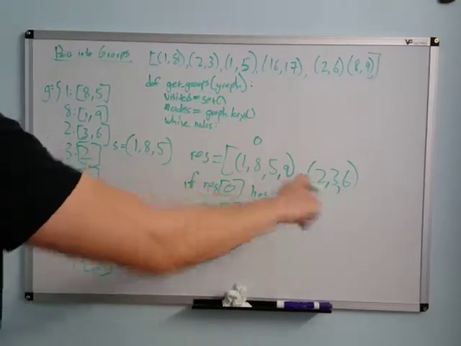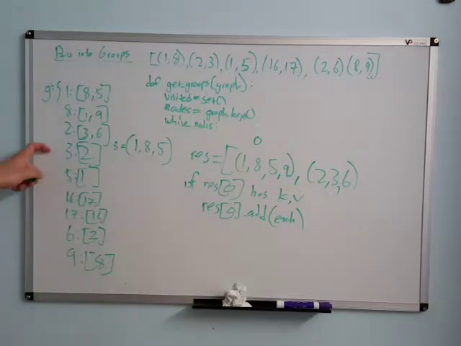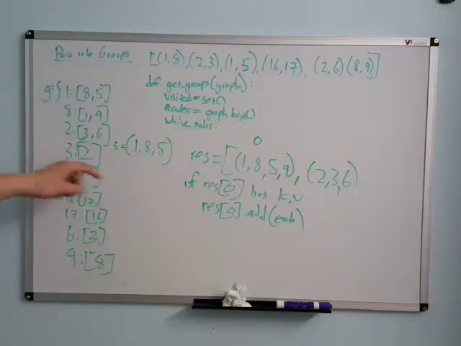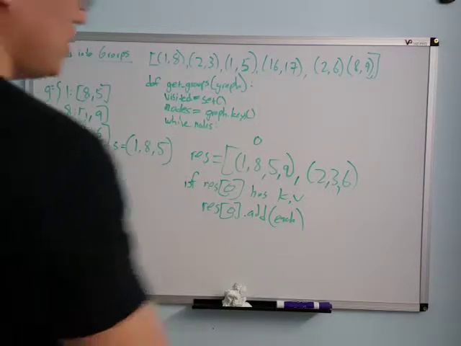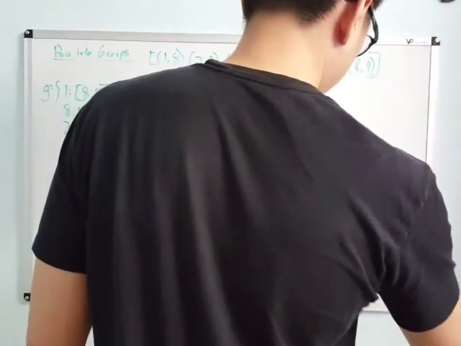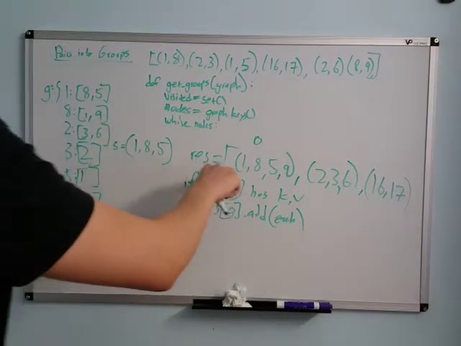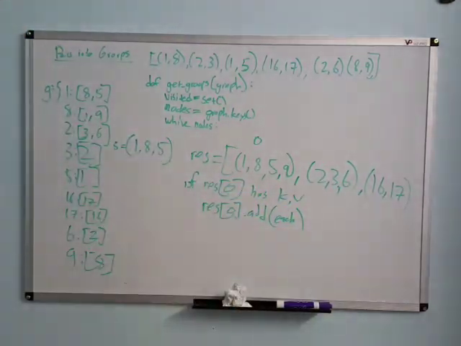We would pop everything in there into the set, but since it's all in there already, we'll do nothing. 5 and 1, same thing. 16, 17. So yeah, that works, but it seems slow, because you'd have to go through each one and actually check every single number each time.